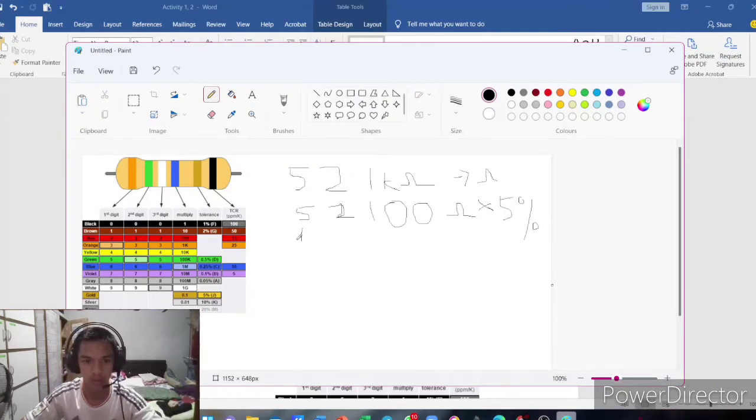So for the first digit, 5, so green. The second digit, 2, which is red. The third digit, 1, which is brown.